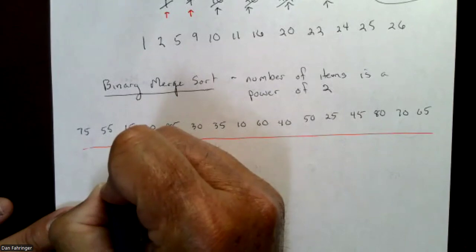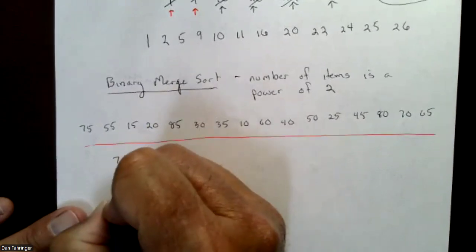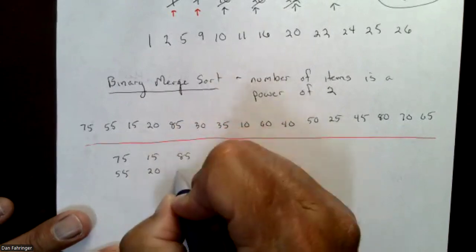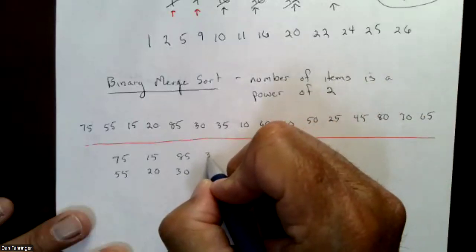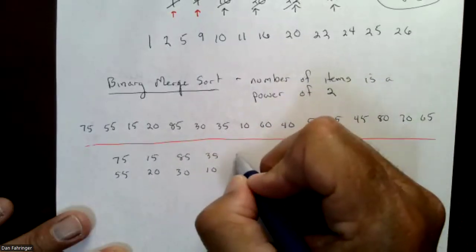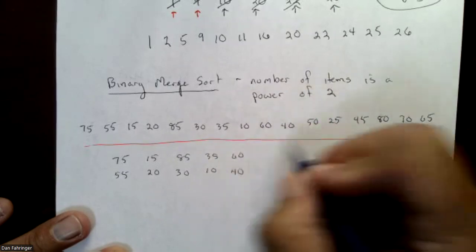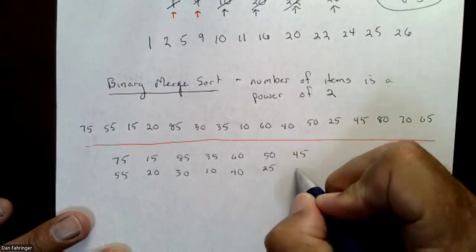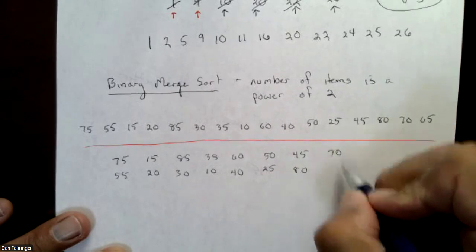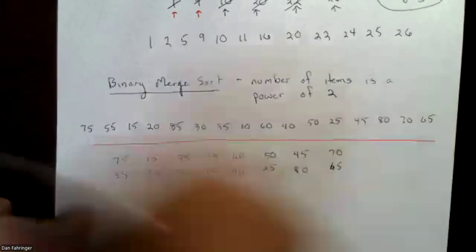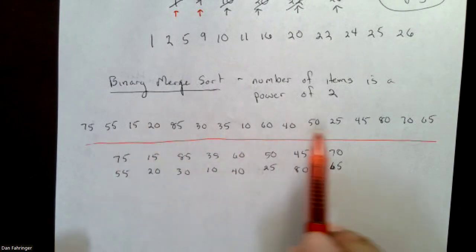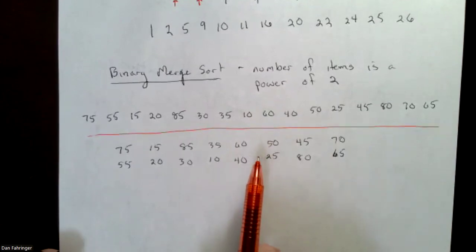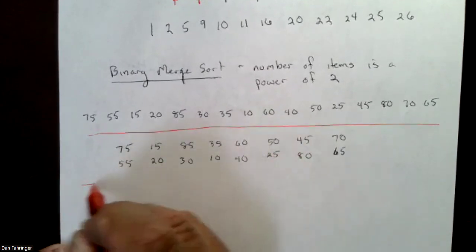My lists are going to be 75, 55, 15, 20, 85, 30, 35, 10, 60, 40, 50, 25, 45, 80, 70, and 65. So the idea is I'm going to have a list and turn it into two lists. Now I'm going to do some merging to turn it back into one list again.